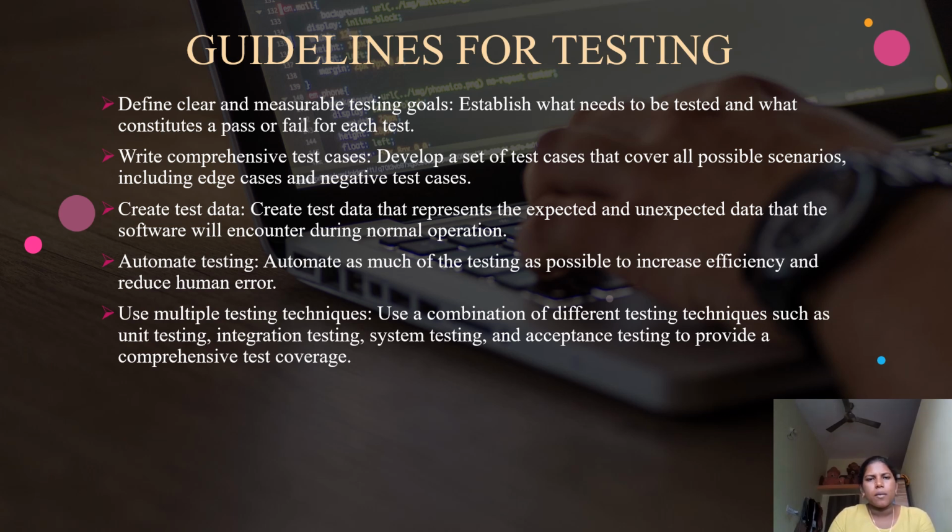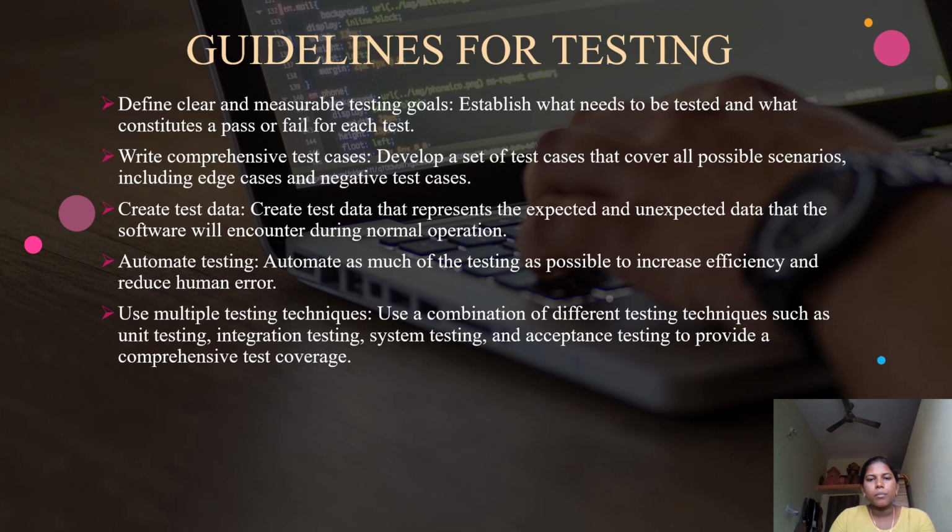Write comprehensive test cases. Develop a set of test cases that cover all possible scenarios, including edge cases and negative test cases. Create test data that represents the expected and unexpected data that the software will encounter during normal operation.